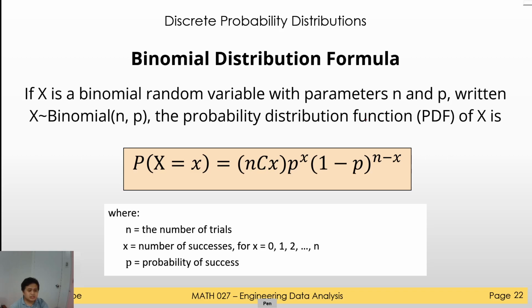Because we can find the probability as a function of x, n, and the probabilities. There are different independent variables that affect our probability. Again, n is the number of trials, x is the number of successes that we want to figure out, and p is the probability of success.